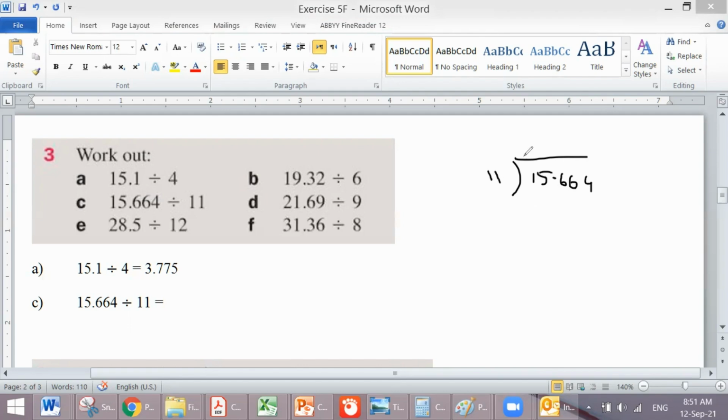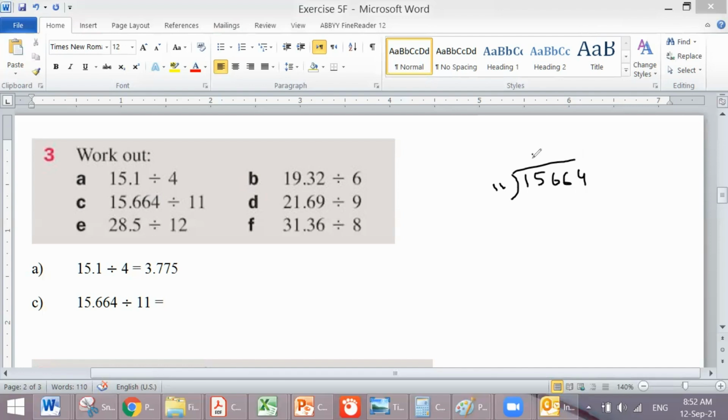Okay, so here I will first start from 11. Ones are 11. First value is 15. So sorry, this decimal point you don't need to write. You have to put this without the decimal point. 15.664 and divide it with 11.